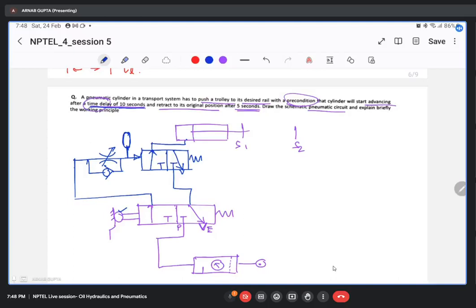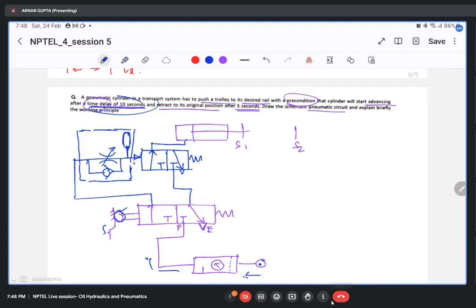Now let's just analyze the first part of the problem, whether it is starting after 10 seconds and how. So this entire thing is your time delay valve. As this is switched on, you are getting compressed air at this port. Now suppose this S1 is switched on. Initially it should be switched on. So what happens?